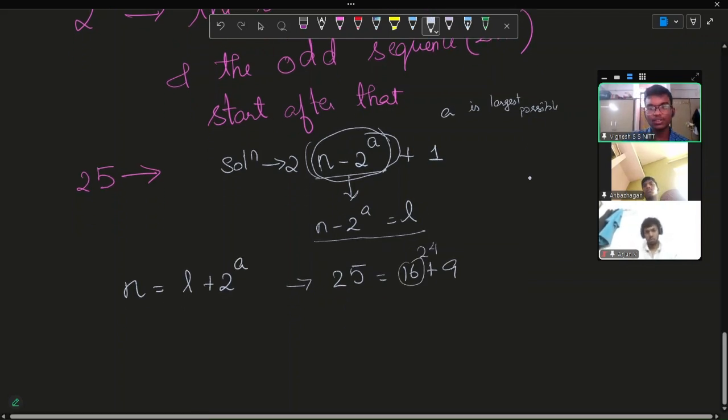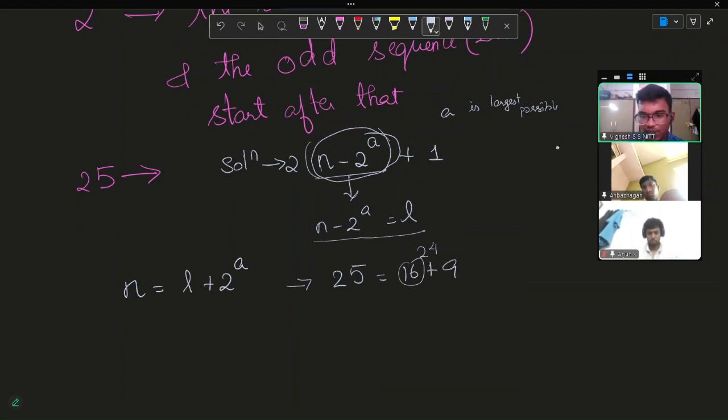I am going a bit fast as the time is going to end in the Zoom meeting. 25 is equal to 16 plus 9.